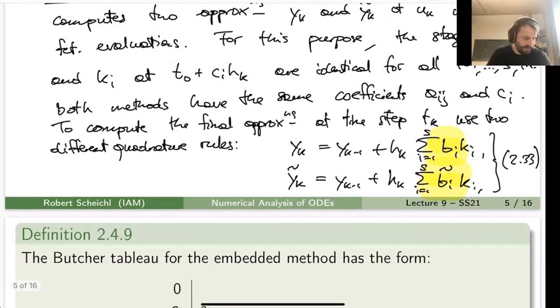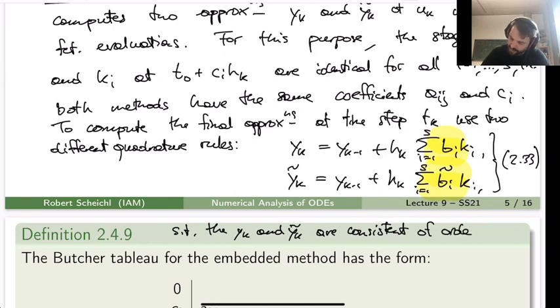Such that yk and yk tilde are consistent of order p and p tilde greater than p, respectively. And typically we simply have p tilde is p plus 1.